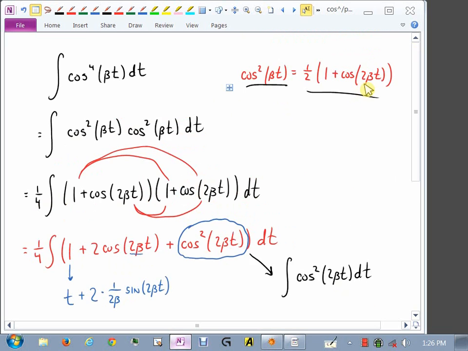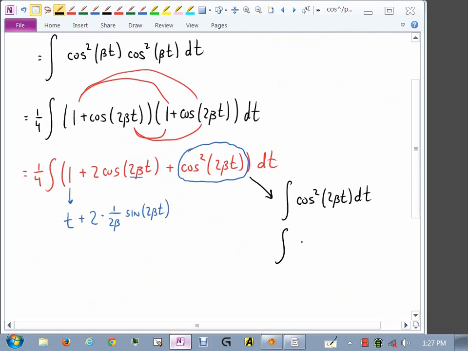So we'll have to double the angle, which means that this integral will turn into 1/2 came out of that, 1 plus cosine, then double the angle, so 4 beta t dt. And then from here, you can integrate 1 and you can integrate this, and you'll be at the answer. So you got to get these two pieces here and then get your 1/2 distributed, put that answer right in here, and you'll have your antiderivative.